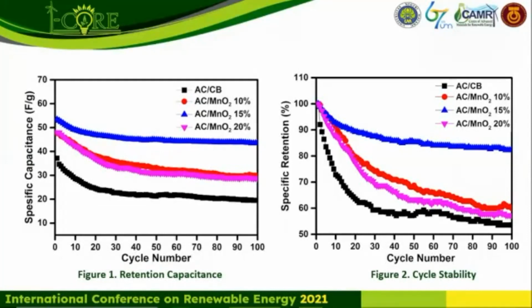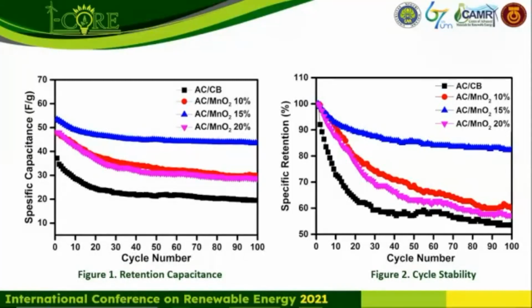Power density is the rate capability of energy delivery of a supercapacitor in watts per kilogram. The 15% AC/MnO2 supercapacitor electrode achieved 21.84 watt-hours per kilogram and 344.94 watts per kilogram, respectively, due to their larger capacitance and time.